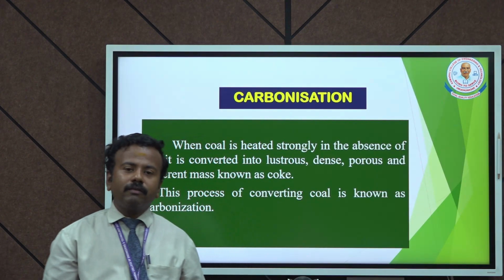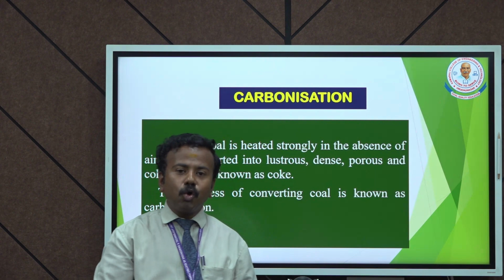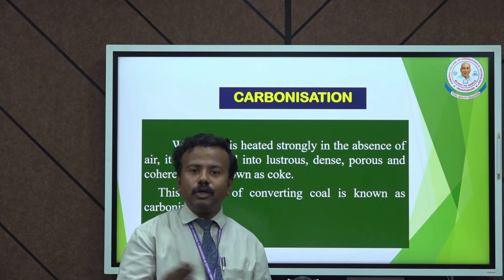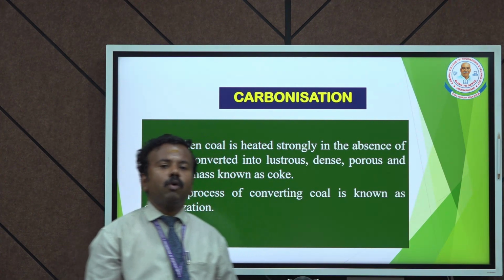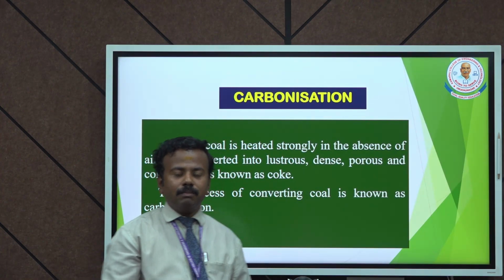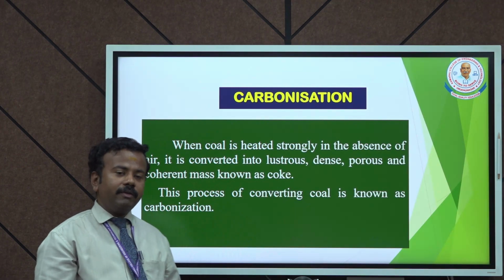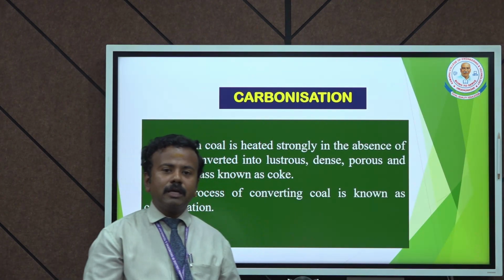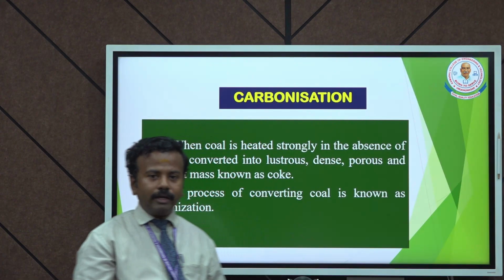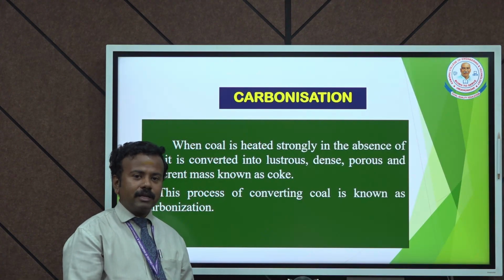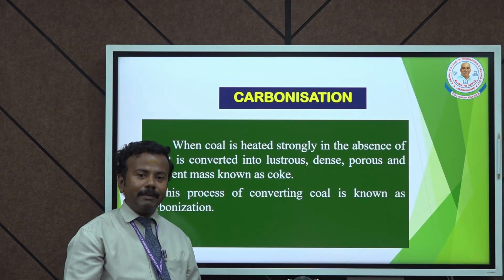We now know what coal is, and we should know the difference between coal and coke. So what is the difference between coal and coke? Coal is derived as such from the earth's crust. As we have discussed earlier, coal is a natural product derived from the earth's crust, so it is called a primary fuel.